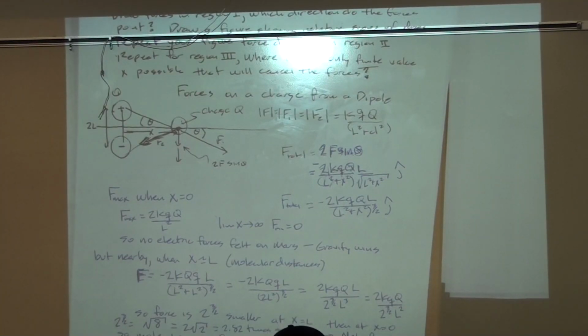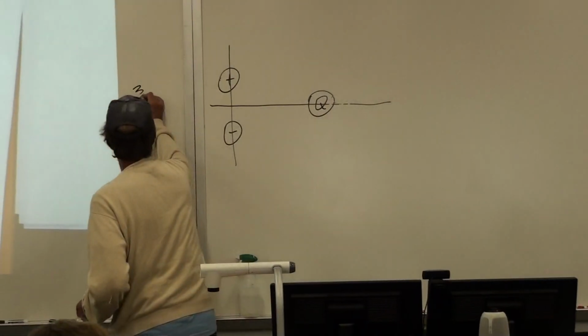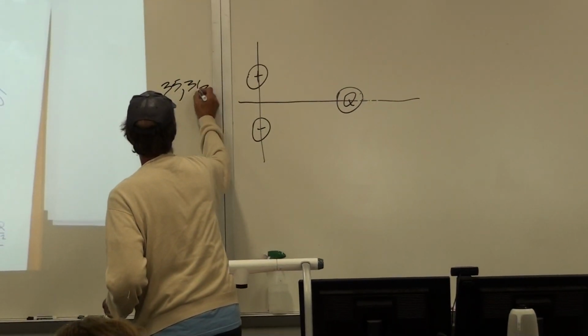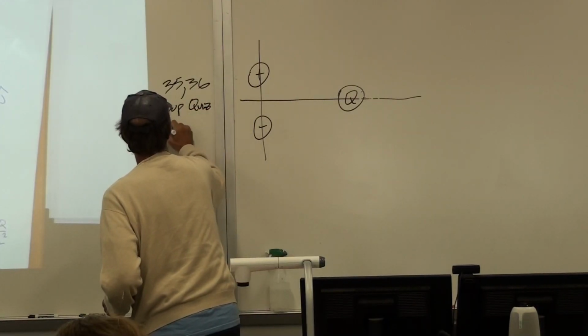Okay, so you'll have a similar kind of expression, but it won't be quite the same when you do this group quiz exercise. And by the way, this will be due along with the chapter 35 and 36 homework, before the quiz.